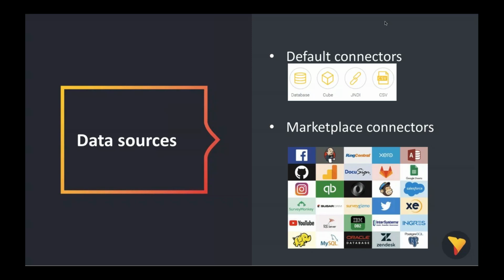So most of you are already familiar with the data sources available in Yellowfin. Every time you add a data source, you're presented with an option to add it through a database, a cube, a web service, or a static CSV file.